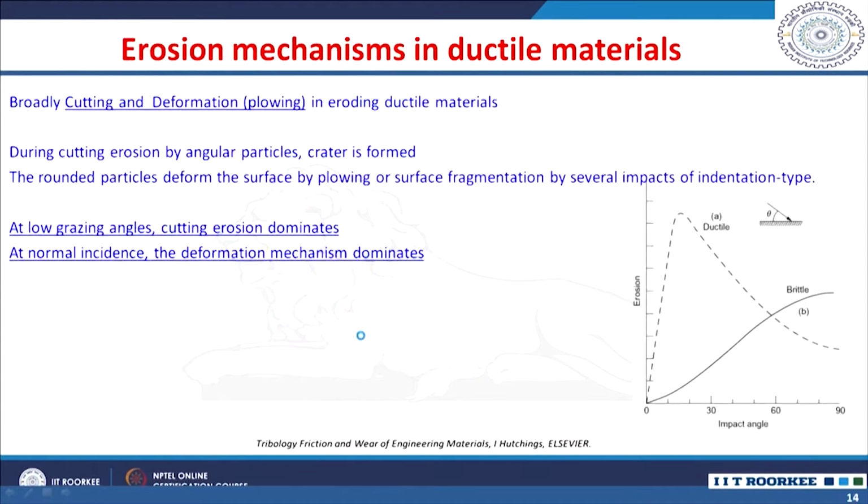So, if you look at ductile materials, mainly they are damaged in erosive conditions by cutting or by ploughing, right. During cutting by angular particles, mainly a crater is formed, and under repeated conditions the crater leads to lip formation, and the material is removed.